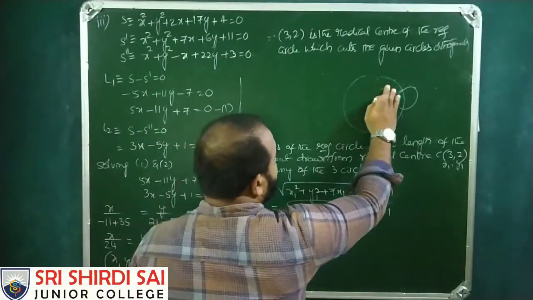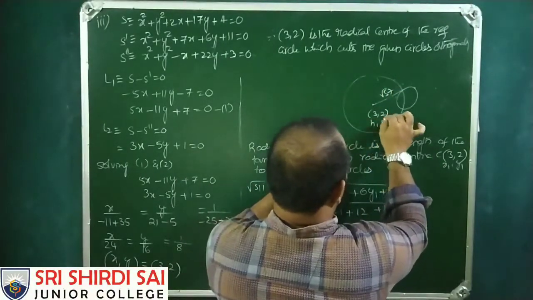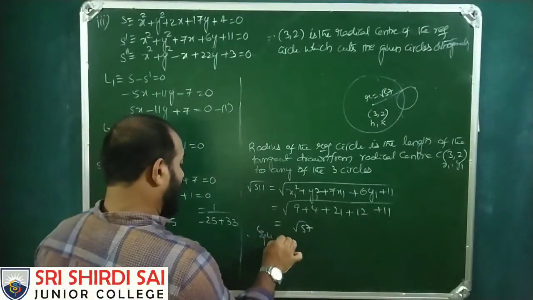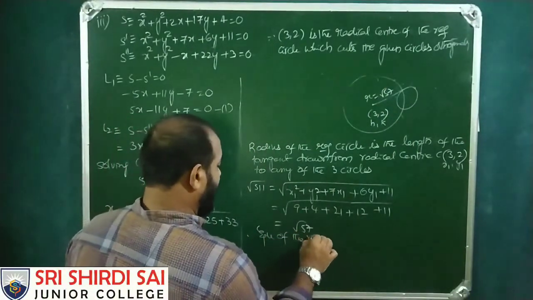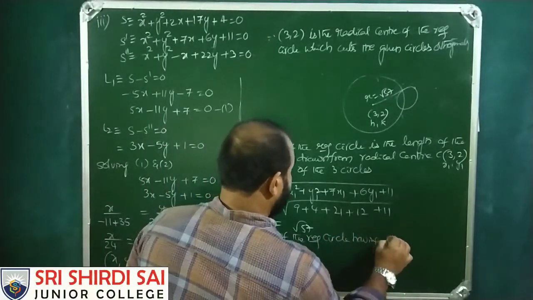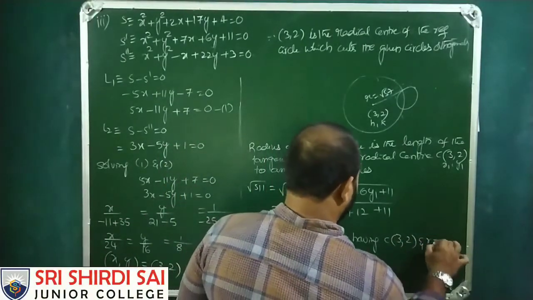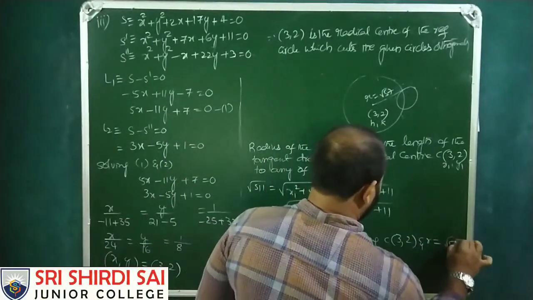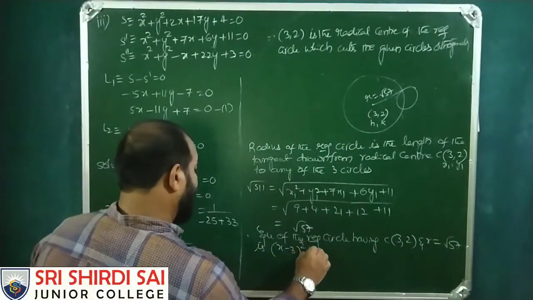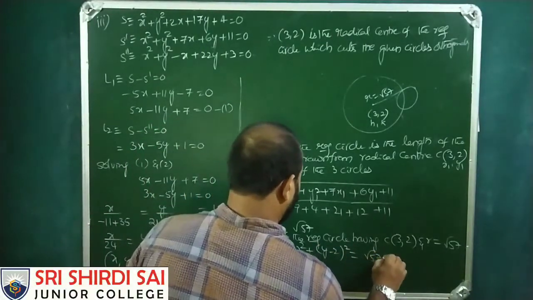Therefore this is root 57. We have the center C (h, k) and radius equal to root 57. Therefore the equation of the required circle having center C = (3, 2) and radius r = root 57 is (x minus 3) whole square plus (y minus 2) whole square equals root 57 whole square.